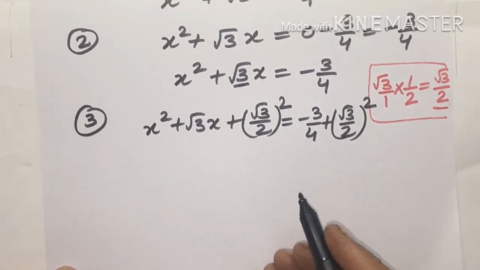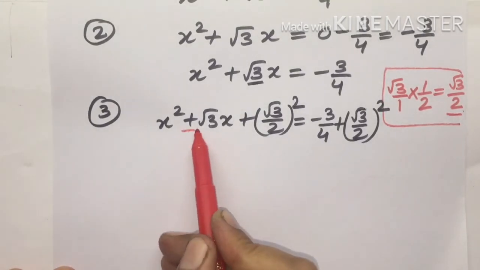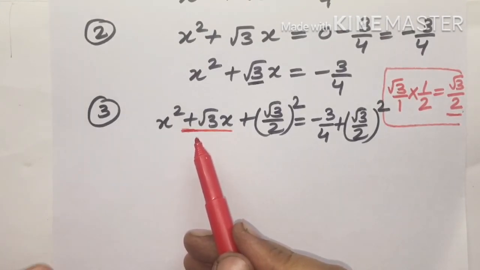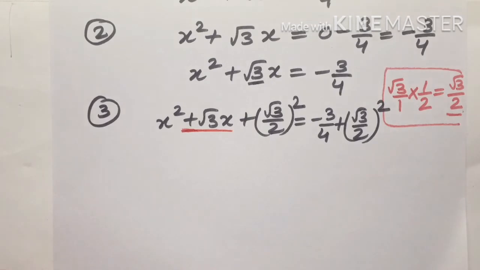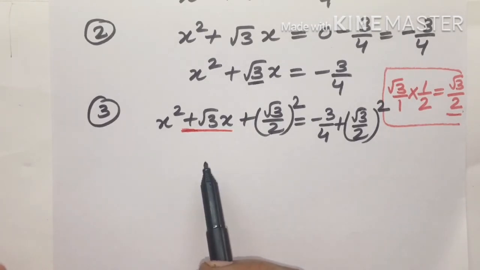Now as I told you, we have to check which sign is there in front of the x variable. So plus is there, so it means our identity will become a plus b whole square, and if minus is there, our identity will become a minus b whole square.